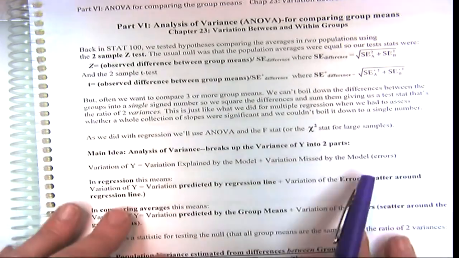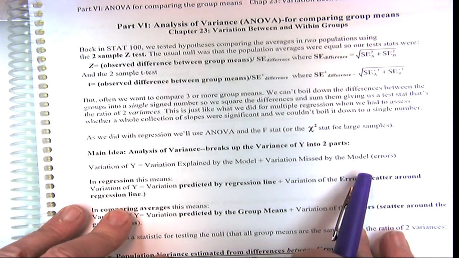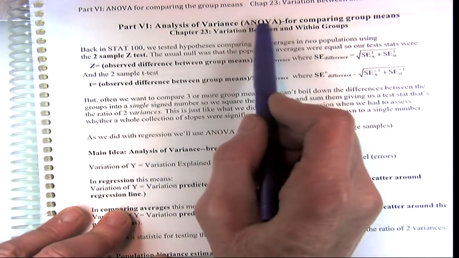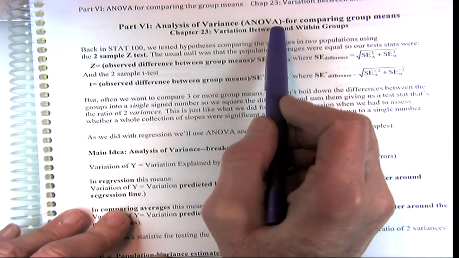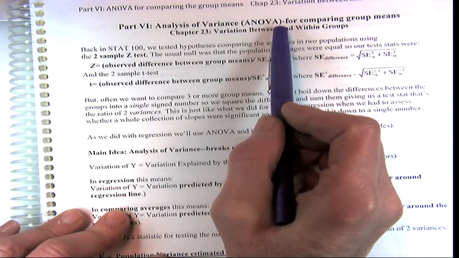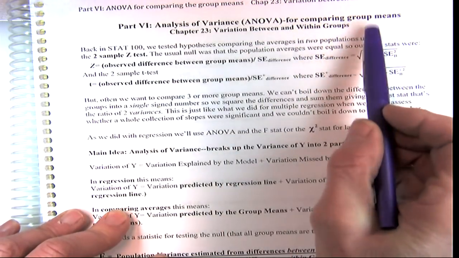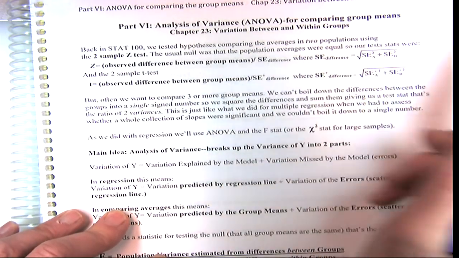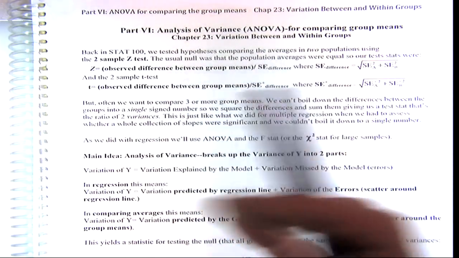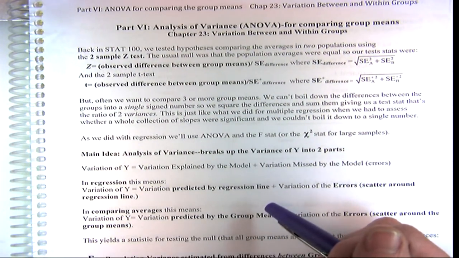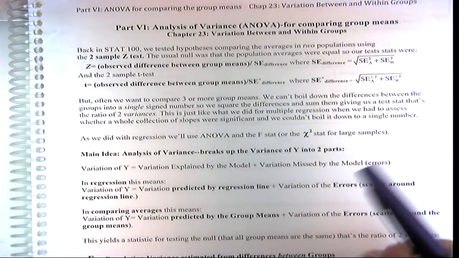We're going to do the same thing here, but in a specific situation that people call ANOVA. So it's confusing because this word ANOVA refers both to the situation of comparing group means and to the whole procedure that we've been doing all along of splitting the variance of the y's into two parts.